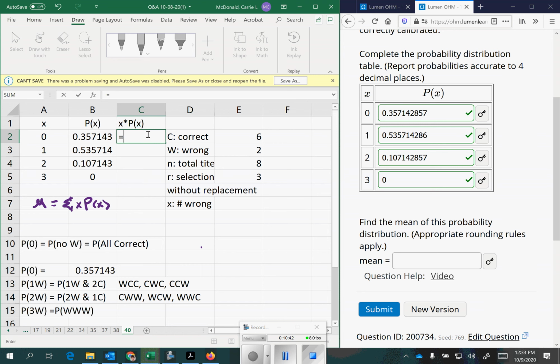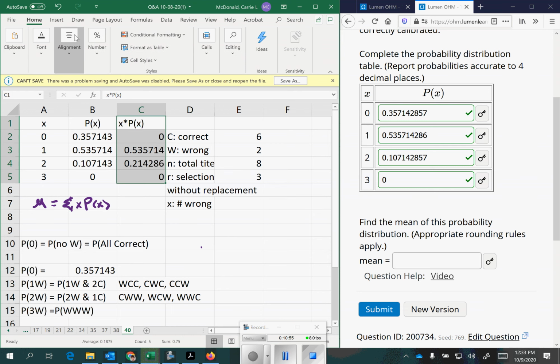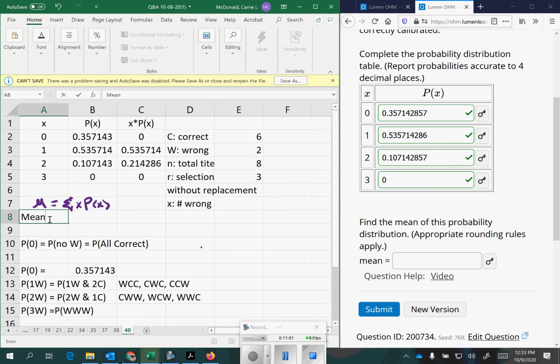So I'm just going to set that up as a calculation on the first row and then relatively copy that down. All right, so now that I have that, I just need for the mean the sum of that third column. So I get 0.75.